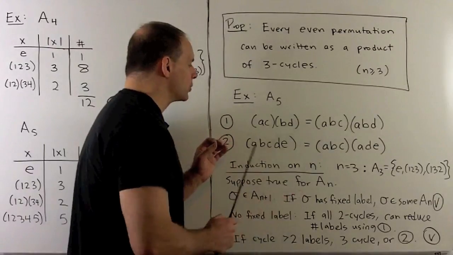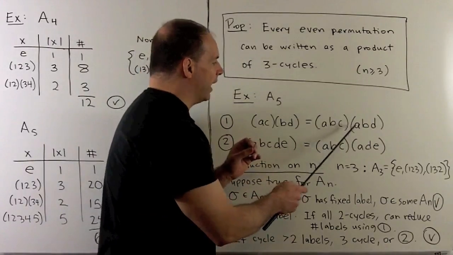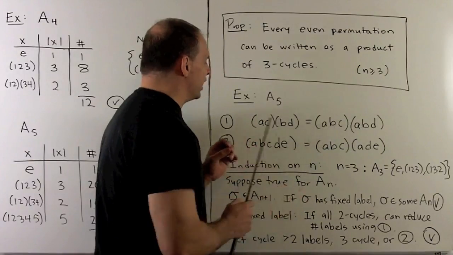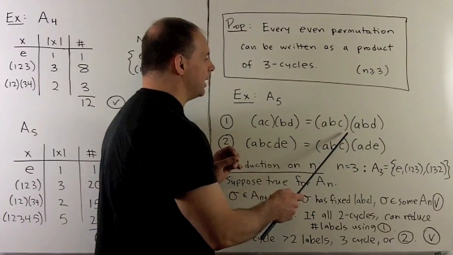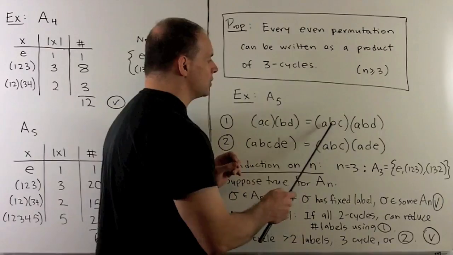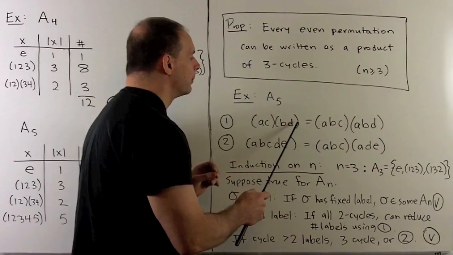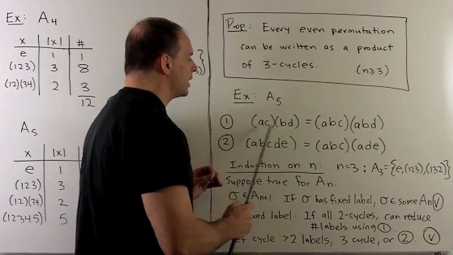They're given as follows. Let's check the first one. I have A goes to B goes to C, so A goes to C. B goes to D, then D goes to D, so B goes to D. D goes to A goes to B, so that closes this cycle up. Then C goes to A, closing this cycle up. So that checks out.